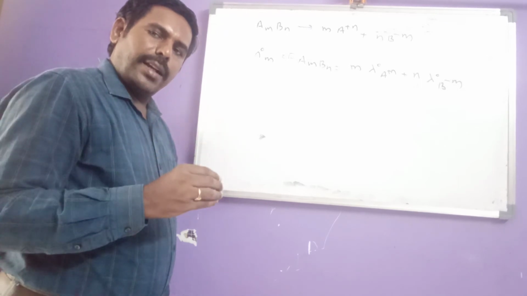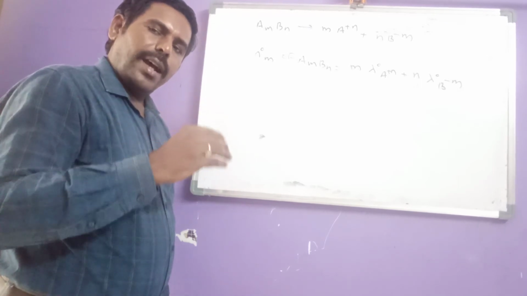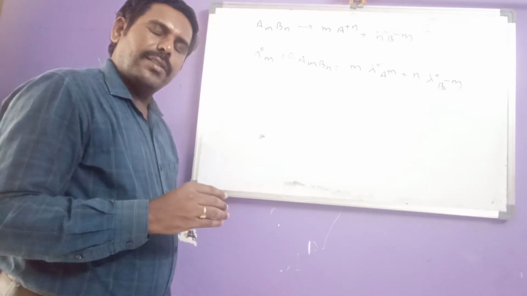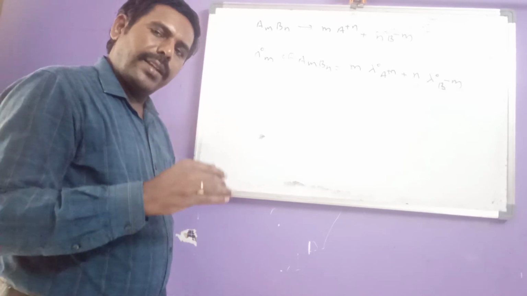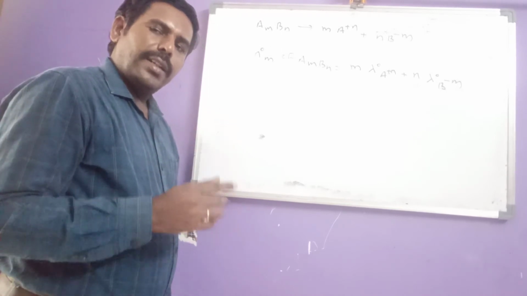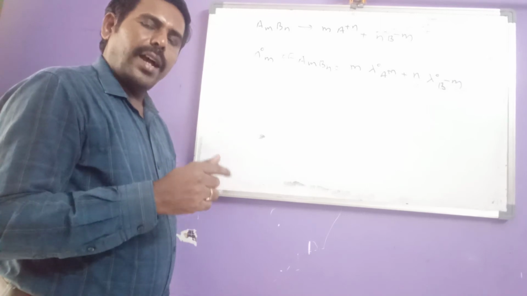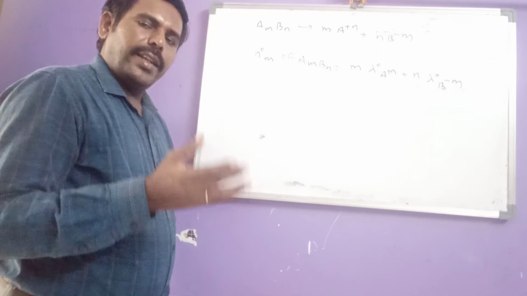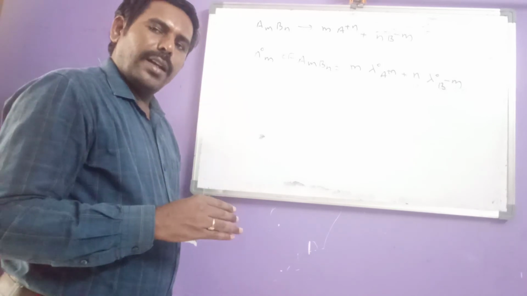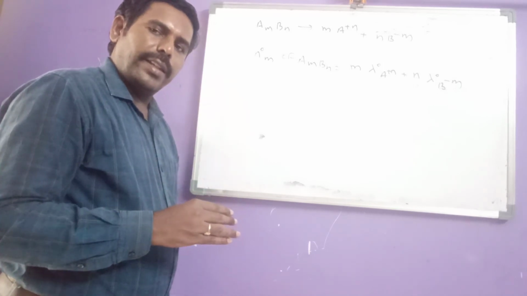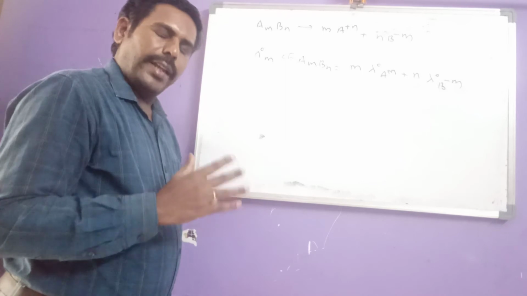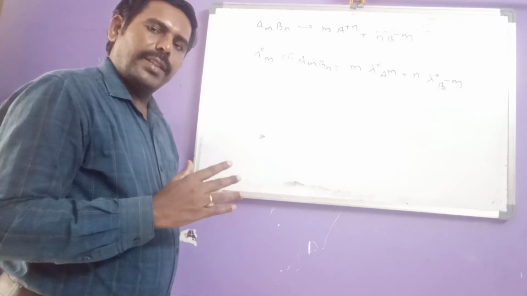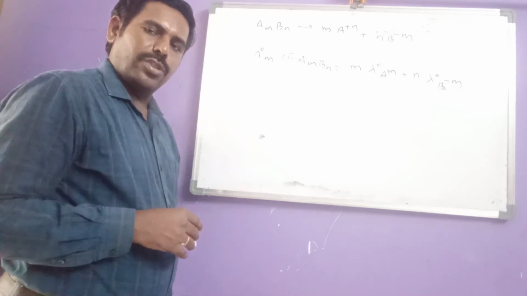Limiting molar ionic conductivities of a bivalent electrolyte are 73 and 57. Then what is its molar ionic conductivity of electrolyte? It means of electrolyte at infinite dilution.